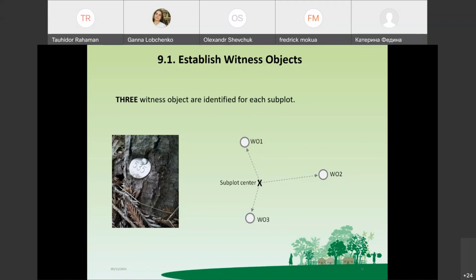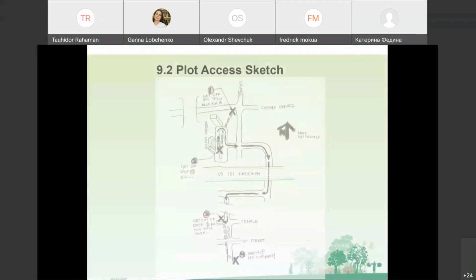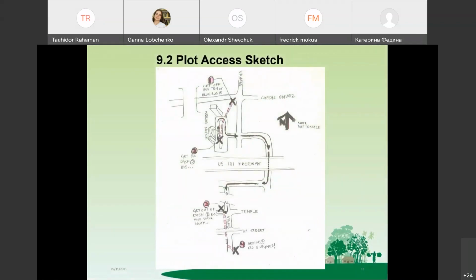From the triangulation, we are able to find the exact pinpoint center of that sample plot, and we can take measurements again and again. So this is the cross-axis case. This was also mandatory for us for each individual plot. The field team needs to make a sketch plot so that later on the QC team or any other team will be able to identify those plots easily.